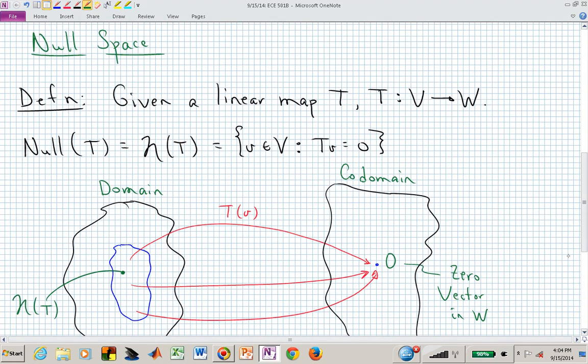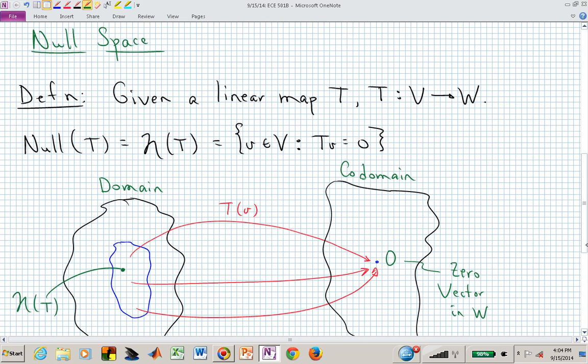This is what we had talked about last time, I believe, the null space. The definition is given a linear map T, and somebody has to tell you what that T is in terms of a map. T doesn't really tell you anything other than it's a linear map, and we indicate that a lot of times by saying it's an element of this script L, open parenthesis, V, comma, W, close parenthesis.